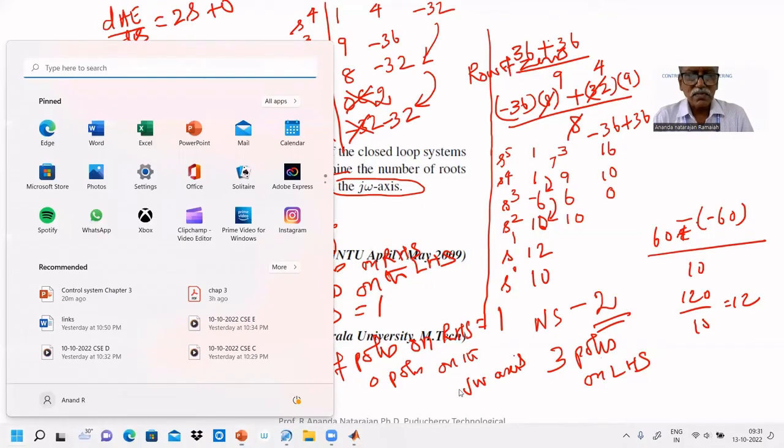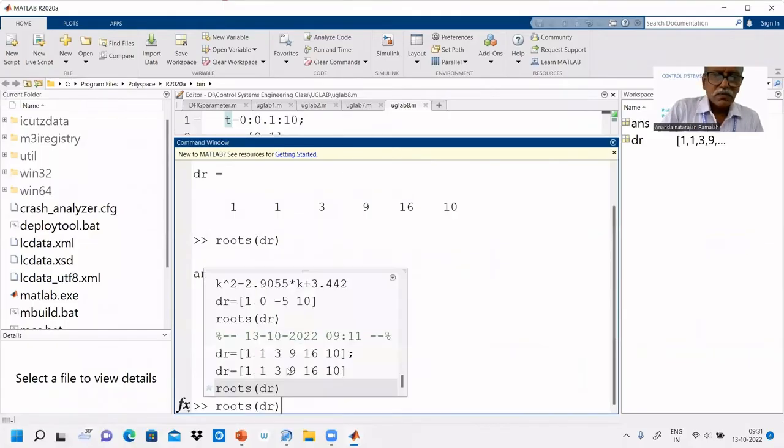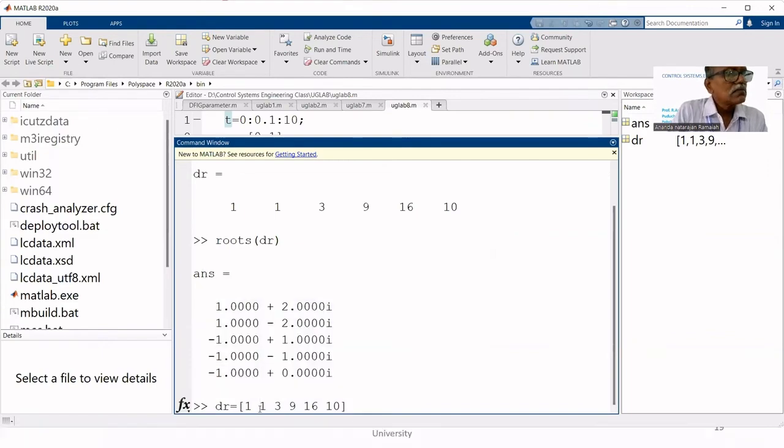So let us check in MATLAB. Tell me the coefficients. 1, 9, 4, minus 32, minus 36, minus 32.